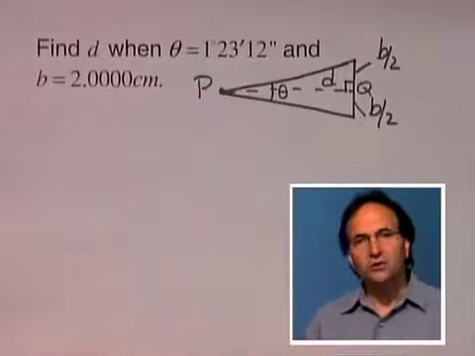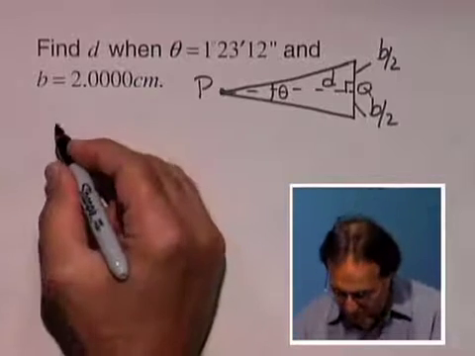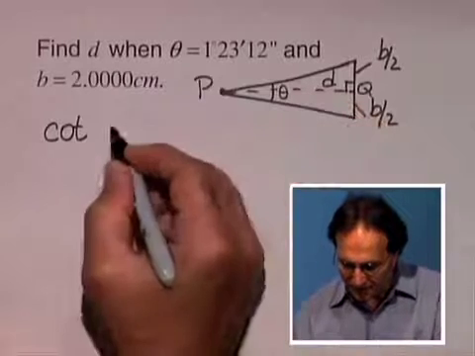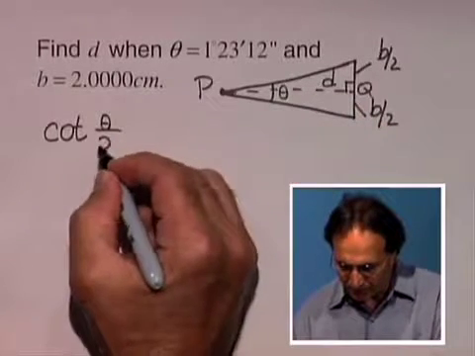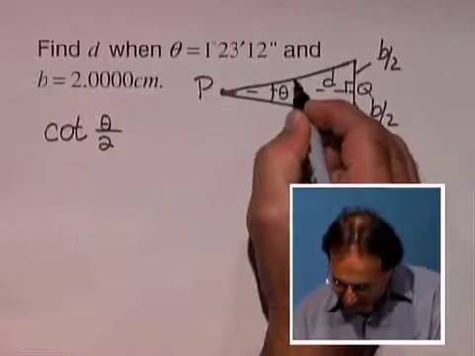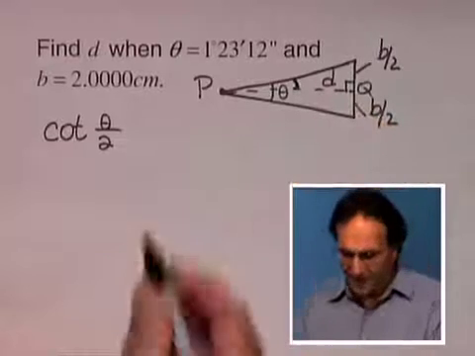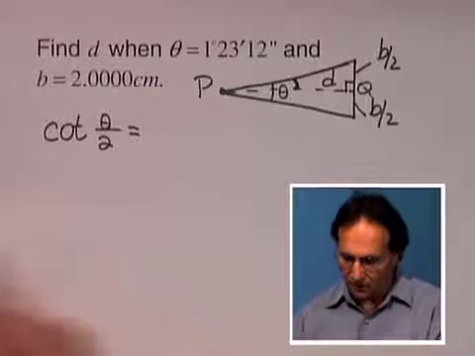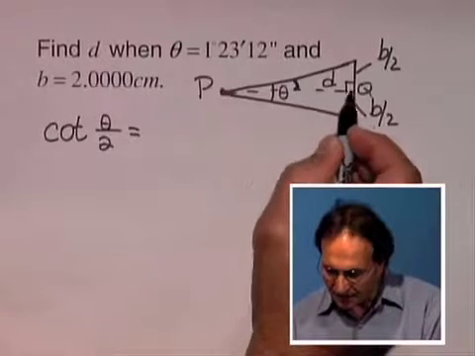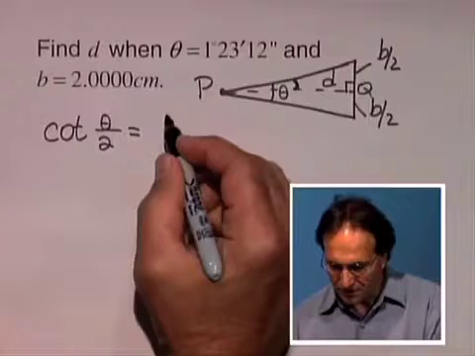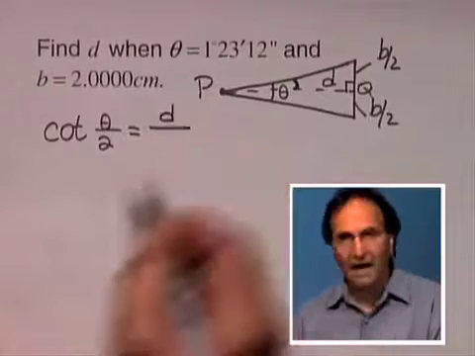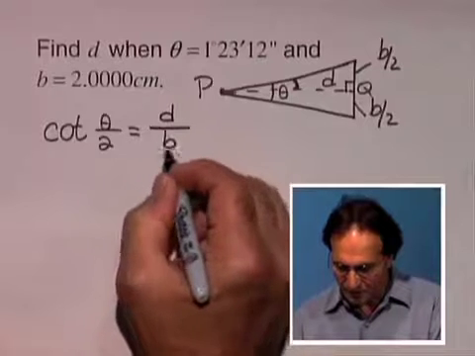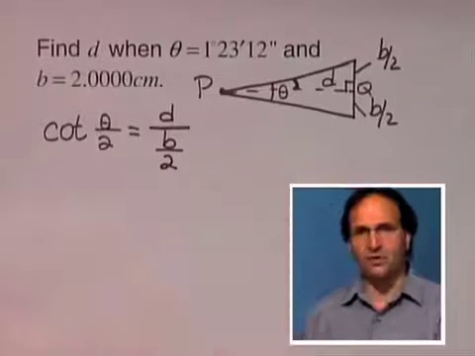What we need to use turns out to be cotangent of theta divided by 2. We're looking at this angle here. And cotangent of theta divided by 2 is going to be this side adjacent, which is d, divided by the side opposite, which is b divided by 2.